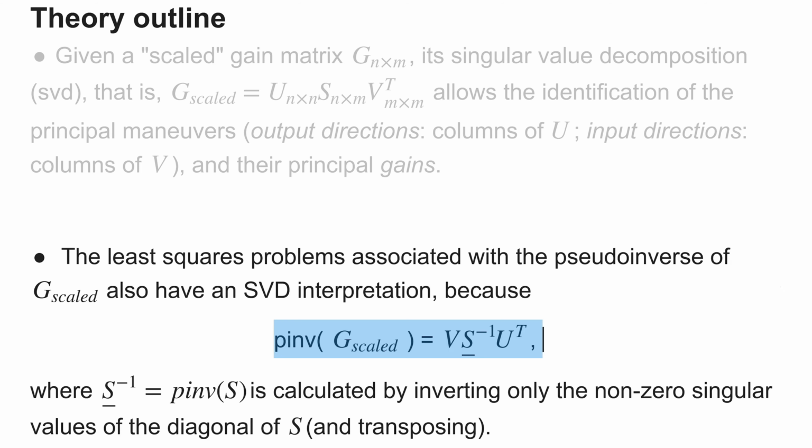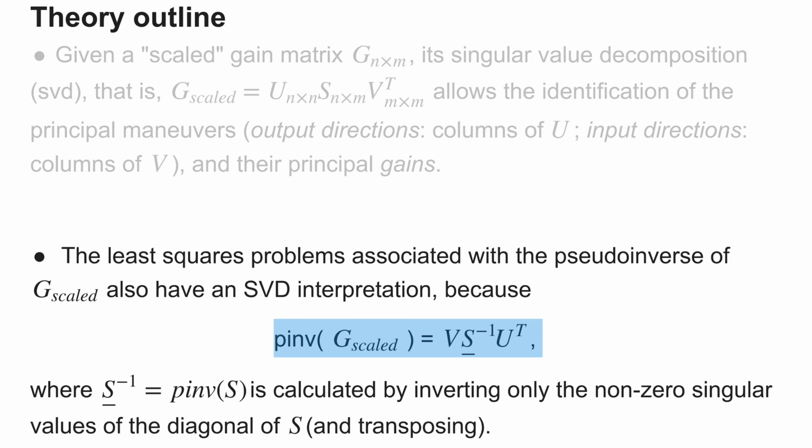The pseudo-inverse of a matrix is associated to the singular value decomposition by swapping U and V and inverting the non-zero elements of the diagonal of S, so principal maneuvers are close cousins to least squares problem solving.